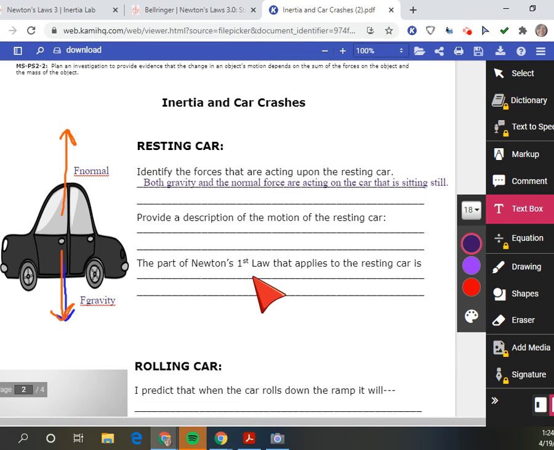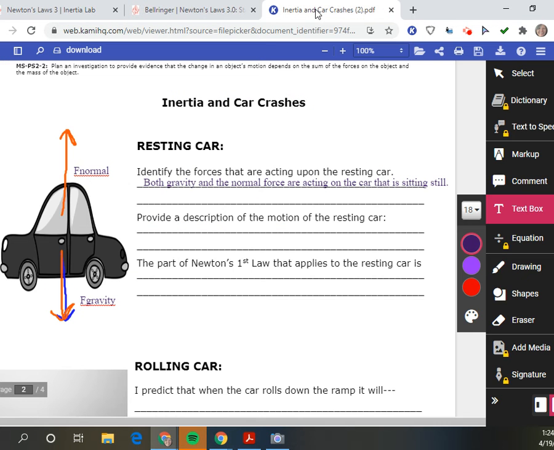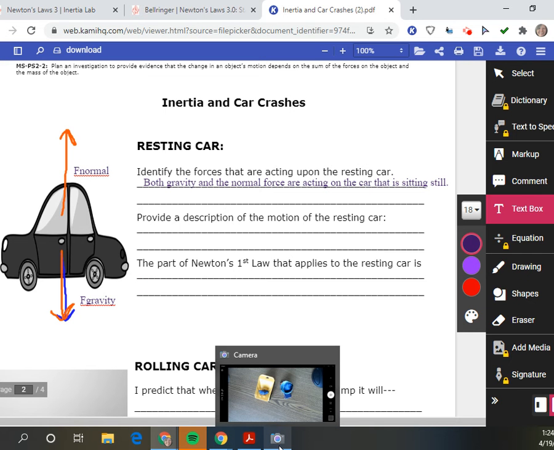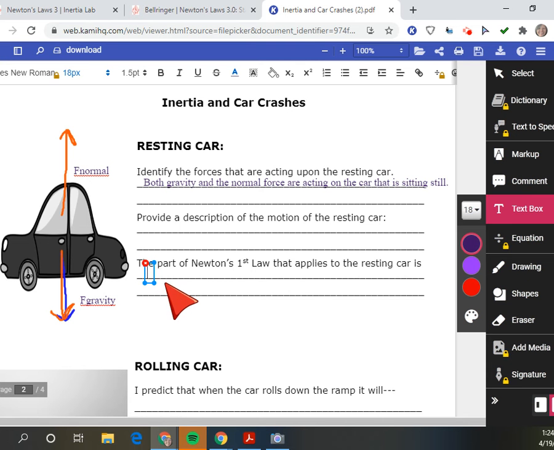So let's think. The part of Newton's first law that applies to the resting car. If we go back to our lesson today, it says an object at rest stays at rest, and an object in motion stays in motion with the same speed and same direction unless acted upon by an unbalanced force. So if these little cars are just sitting there, still sitting there, which part applies? The object at rest.